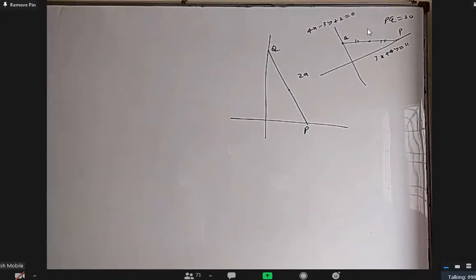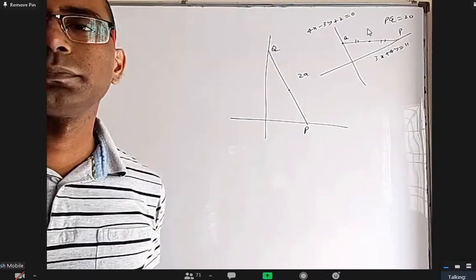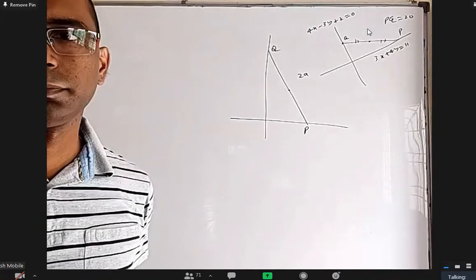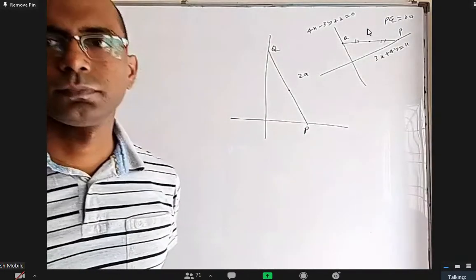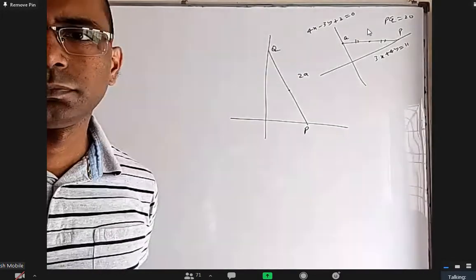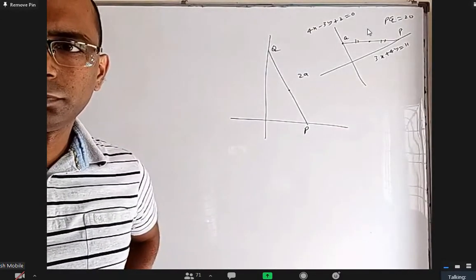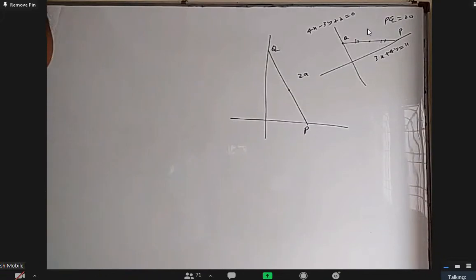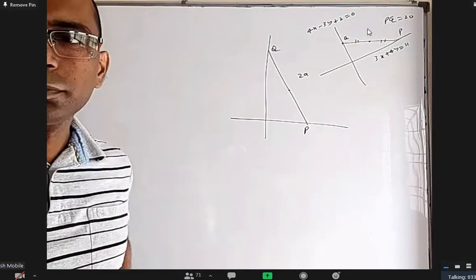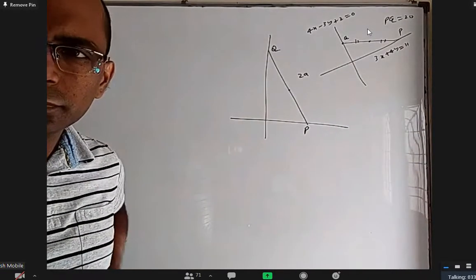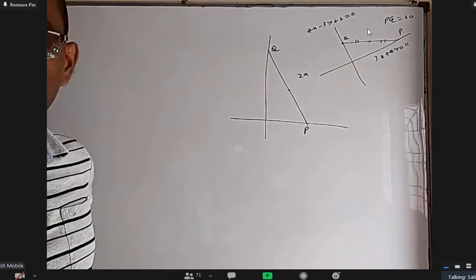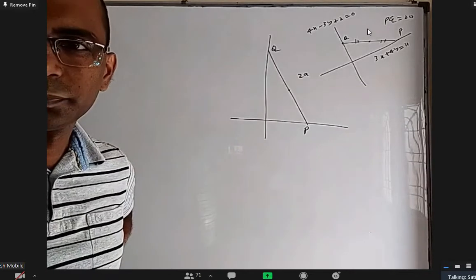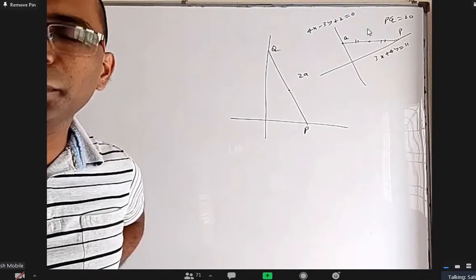No. Circle only. Circle only. Do you want to tell the equation of the circle? Sir, the equation of the circle will be with the midpoint and the origin as the ends of the diameter. But the midpoint is not fixed, it is variable. We want the locus of the midpoint.